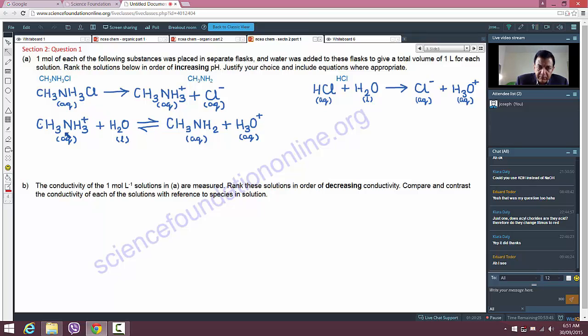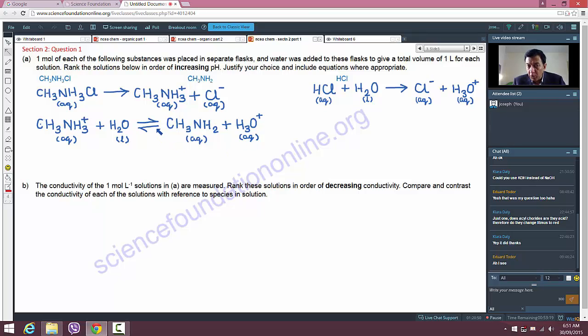CH3NH3 1+, which is like an ammonium ion, reacts with water in an acid-base reaction, which is an equilibrium, in which this weak acid, like the ammonium ion, gives away an H+, so we'll end up with CH3NH2 in aqueous solution, and the water accepting an H+ becomes H3O+.